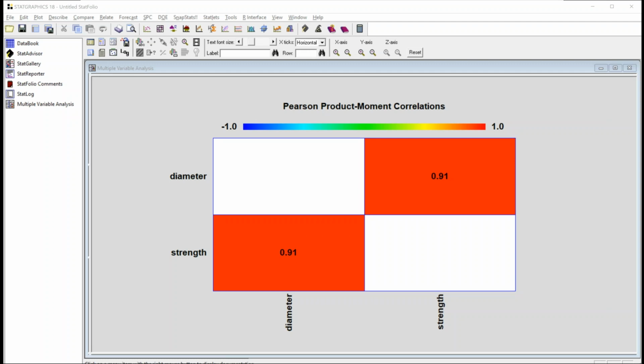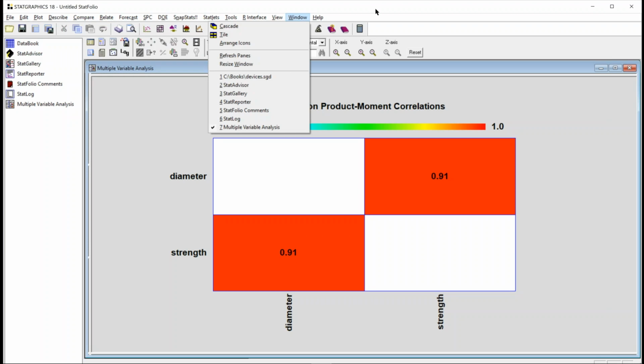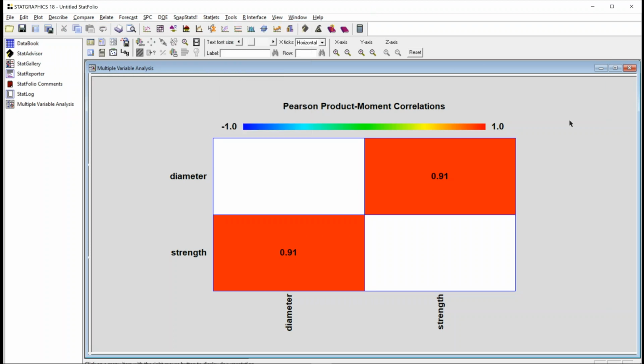It will calculate the correlation between all pairs of variables and will also shade a particular cell according to the magnitude of that correlation. So a good place in Statgraphics to look at the correlations is to go to relate on the top menu to multiple factors, multiple variable analysis, and do the correlation plot.